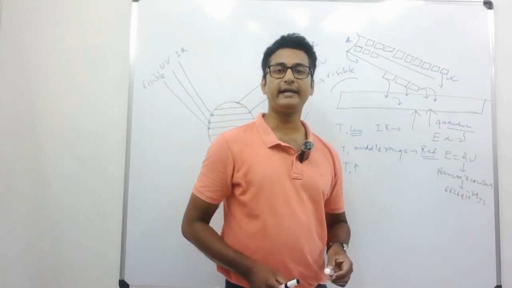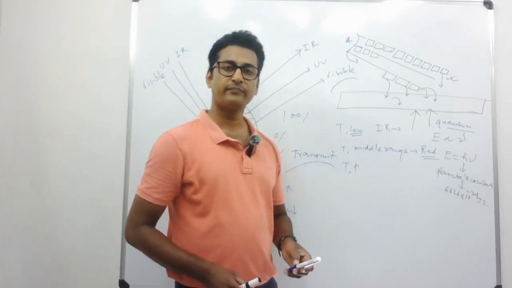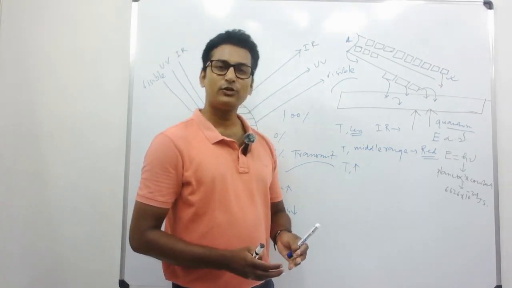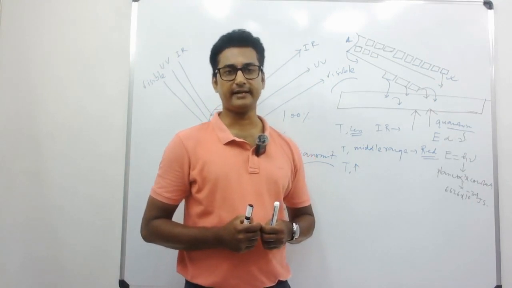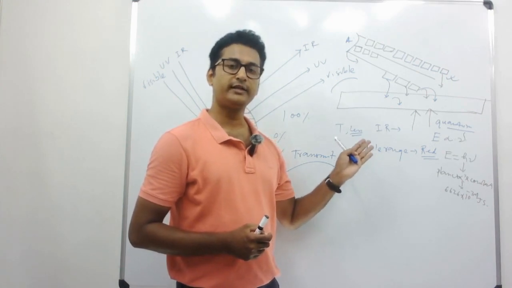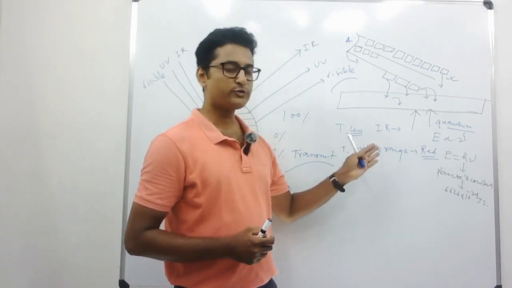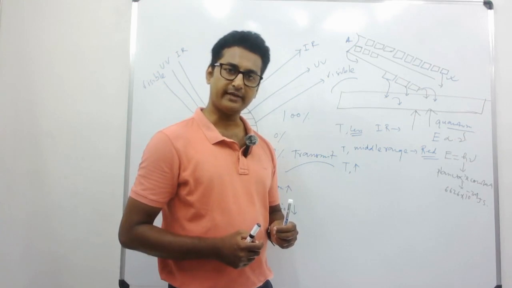This is why this concept, where energy is quantized, is called quantization of energy, right? So this is the quantization of energy which we got from Max Planck's quantum theory, right?